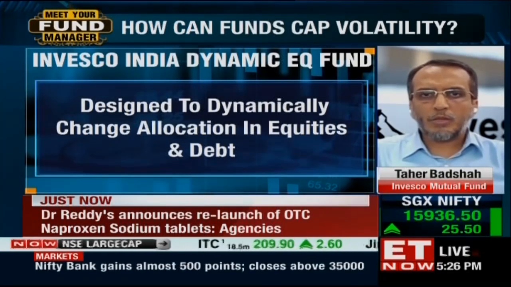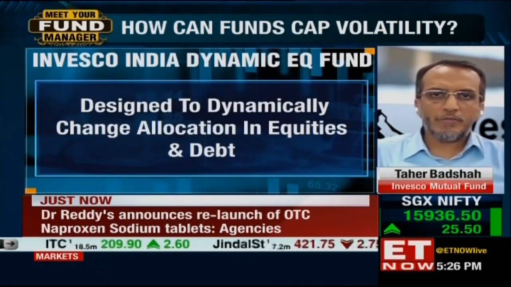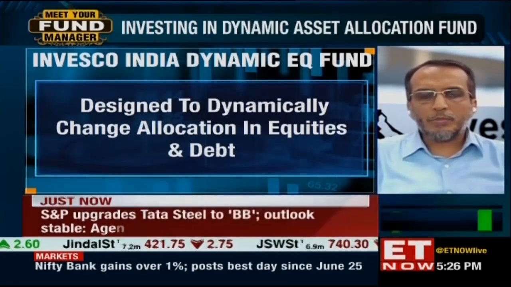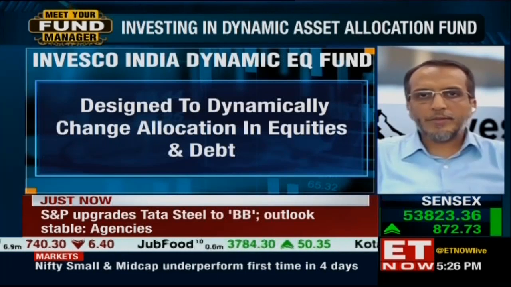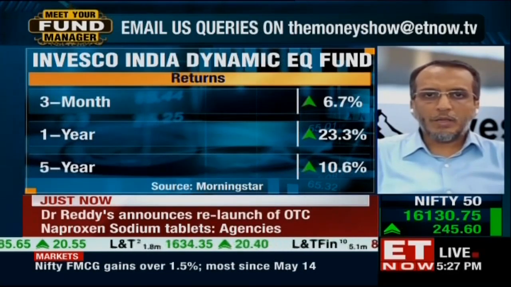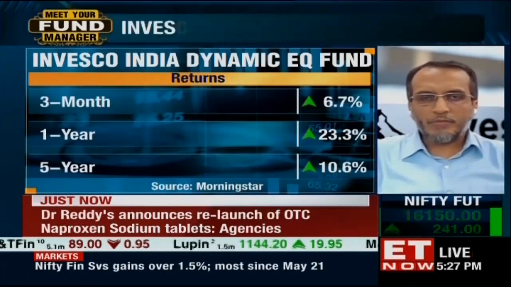Basically, the way we do it is that the asset allocation is driven by our internal proprietary asset allocation framework, which essentially is a combination of certain valuation parameters. And we look at a combination of trailing price to earnings along with the absolute level of interest rates.